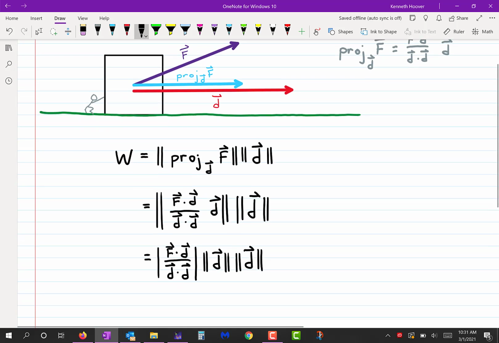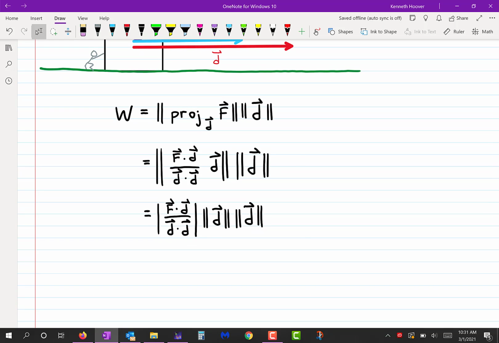Now, do you remember this? Do you remember that the dot product of a vector with itself is equal to the norm of the vector squared, or the magnitude of the vector squared? So what we have on the bottom of this fraction right here is the magnitude of D squared.